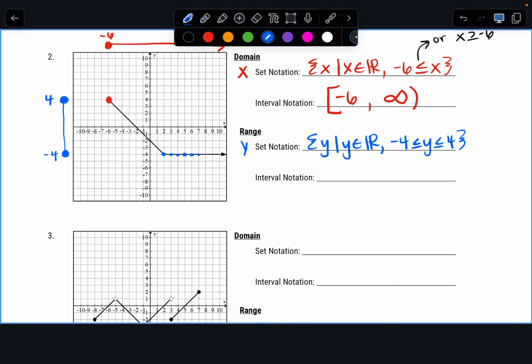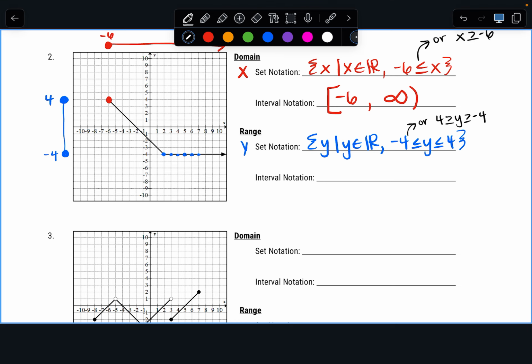Yes? I didn't know which form goes first in the smallest to biggest. So the smallest will always be the first number that you write, unless you're flipping it. So another way you could write this, I'm going to do another one. I can do it this way, but all of my inequalities would have to flip directions. Interval notation is always the smallest first.